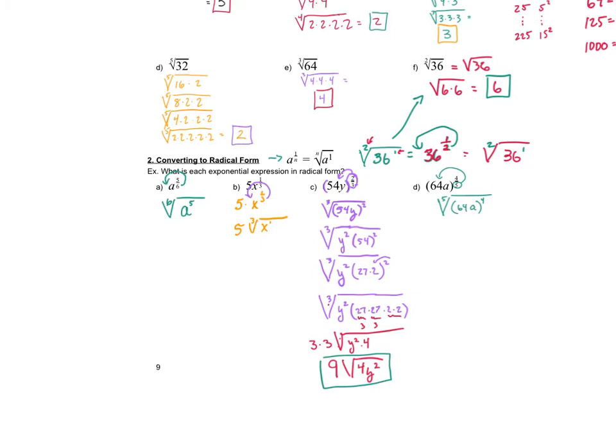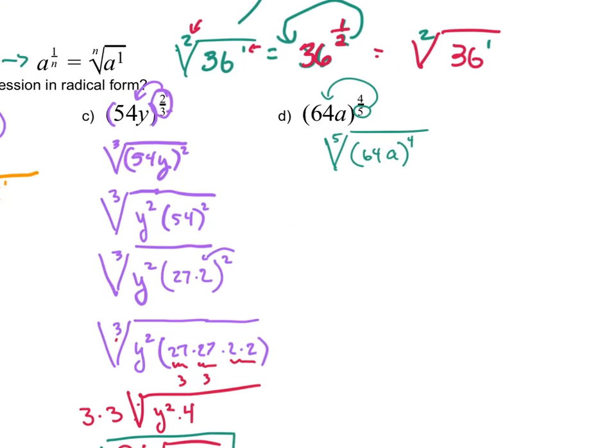So I am looking at here, I know that the 5th root of this stuff is going to be 64 to the 4th, a to the 4th. And I can't do anything with a to the 4th. That's going to remain just like it is because there is no 5th root because we only have 4 a's. But I can do something with this 64.